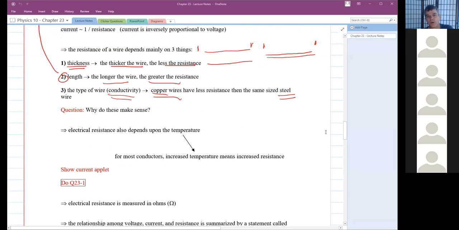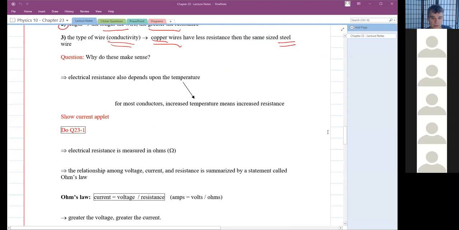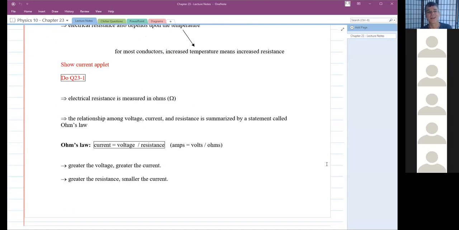So, we kind of went through, resistance of a wire depends upon 3 or 4 characteristics of the wire: the thickness of the wire, length of the wire, what the wire's made of, and if the wire's hot, the resistance goes up. Okay, so last part of this, we measure resistance in a unit called ohms.